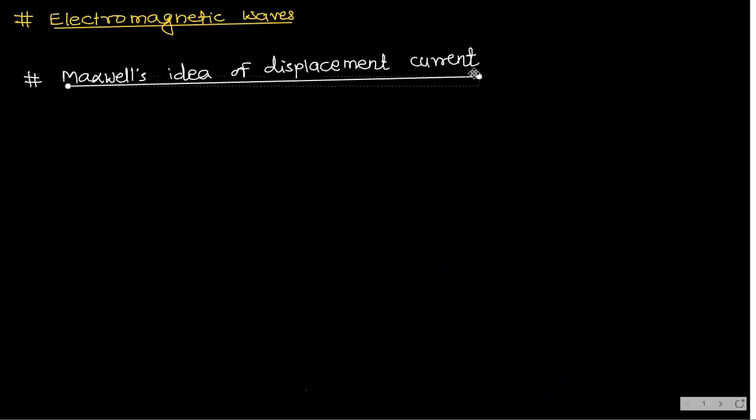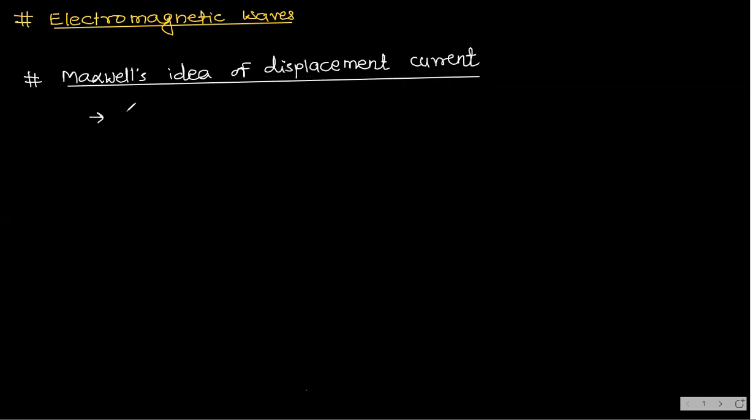Maxwell's idea of displacement current. In this we will learn what is the displacement current and how he came to this conclusion. Okay, this is a little bit theoretical with proof. Okay, see here.